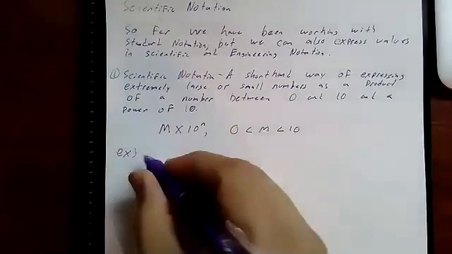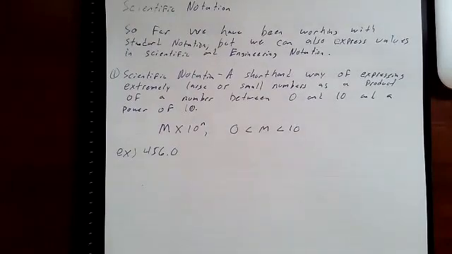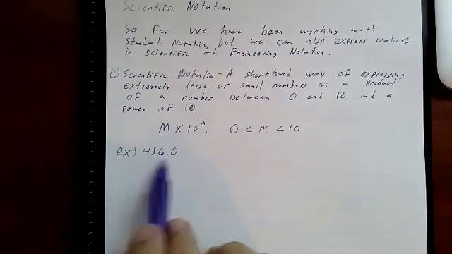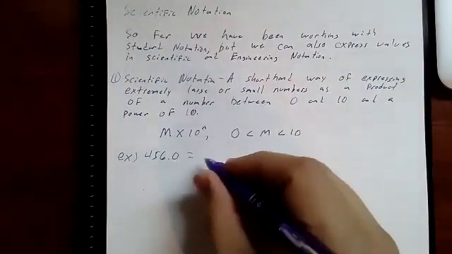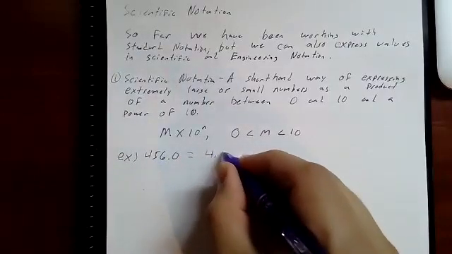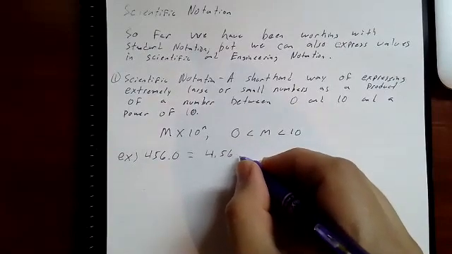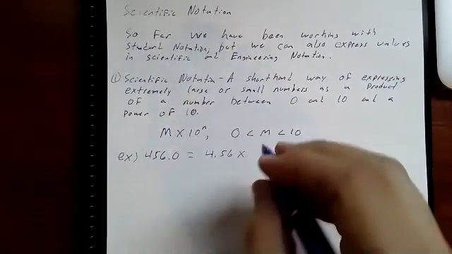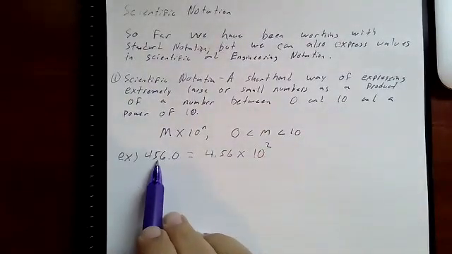So the idea is you're given some number, and you have to rewrite it as some number m between 0 and 10 times the power of 10 that will make it 456. So I'm going to move the decimal point 1, 2 to the left. If I move it to the left twice, that will be 10 to the second.